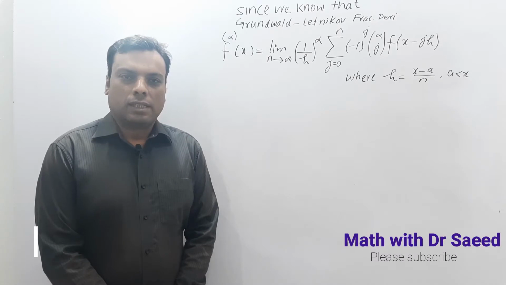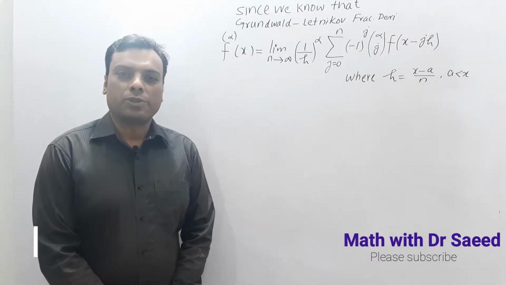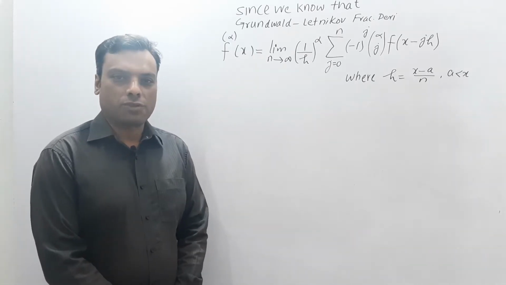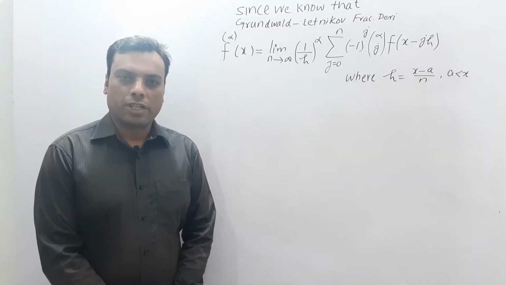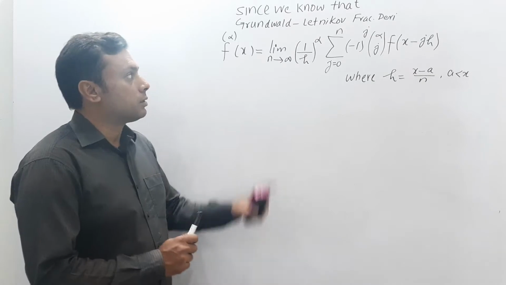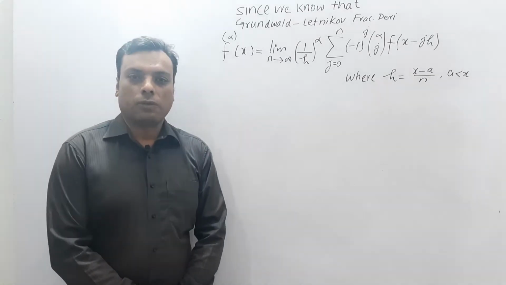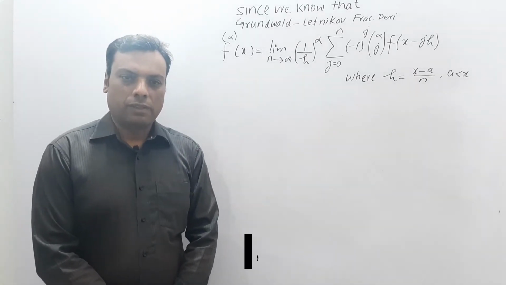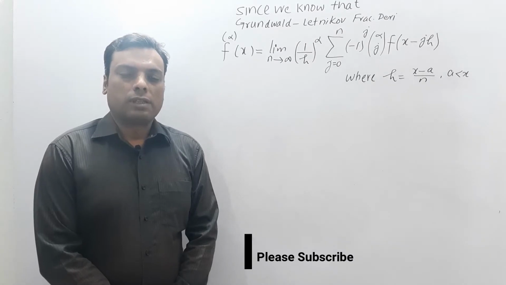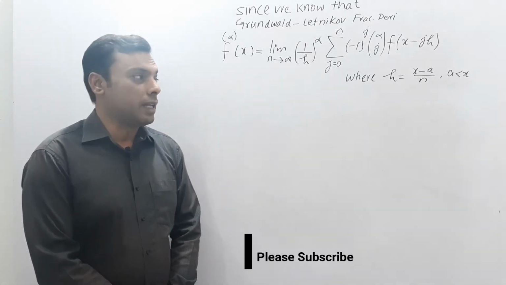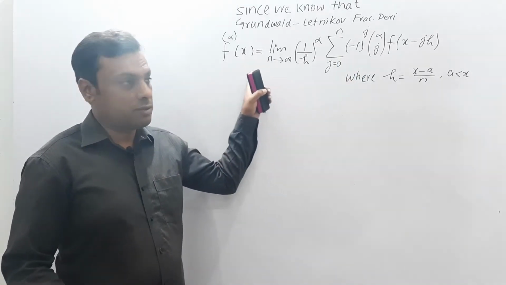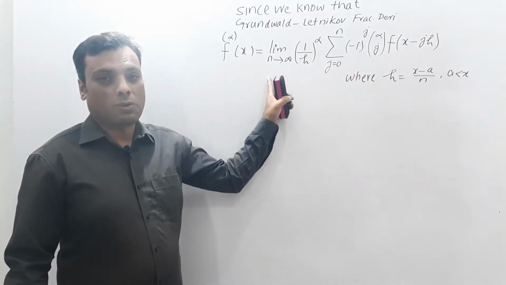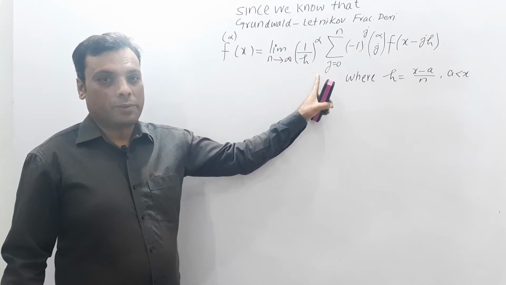This is our third lecture in the video lecture series on fractional calculus. In the second lecture we studied the Grunwald-Letnikov fractional derivative, which we constructed last time, and we saw that the definition, as it is shown here, is quite complicated.